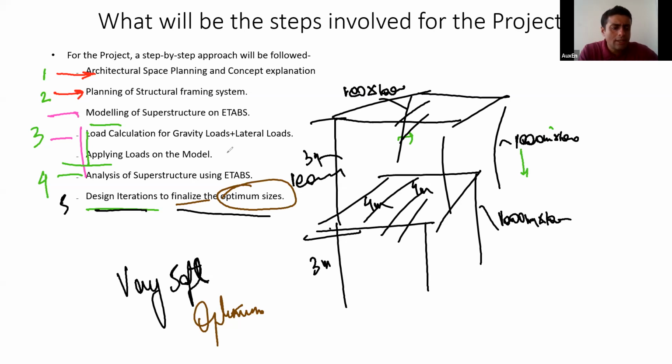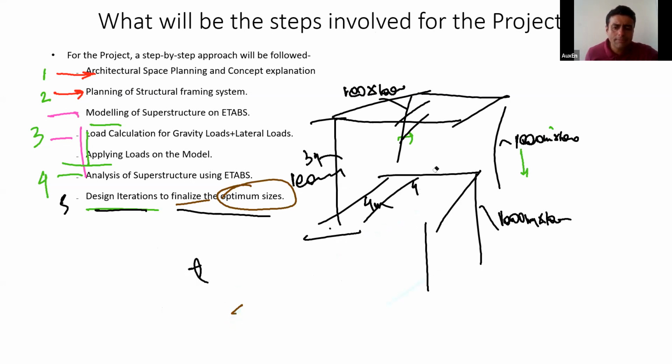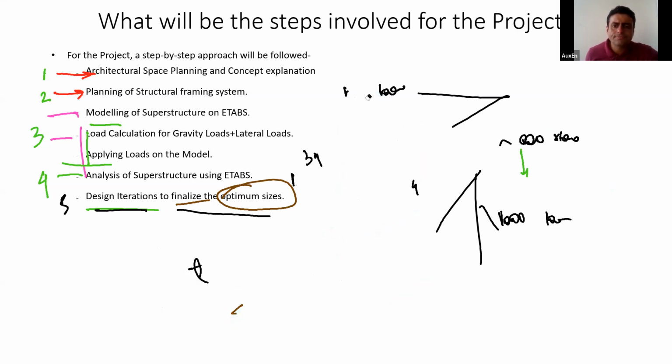So we will do design iterations to finalize and to come up with optimum sizes. This is very important. And this is where the skill of structural engineer lies in coming up with the optimum sizes. Then after this step, what we will do, these are all the steps that we'll follow for our project.